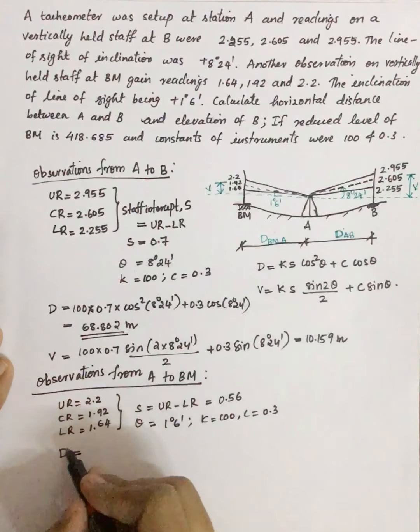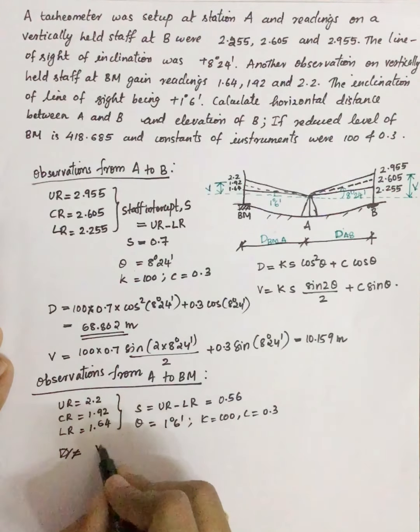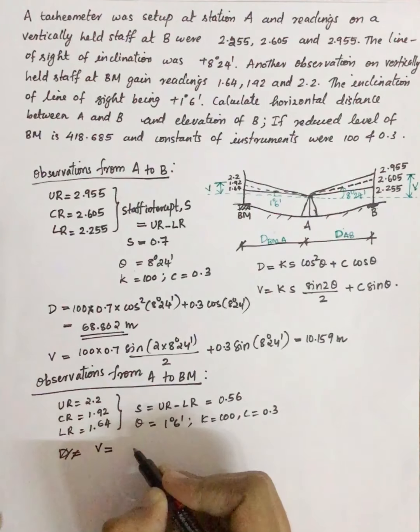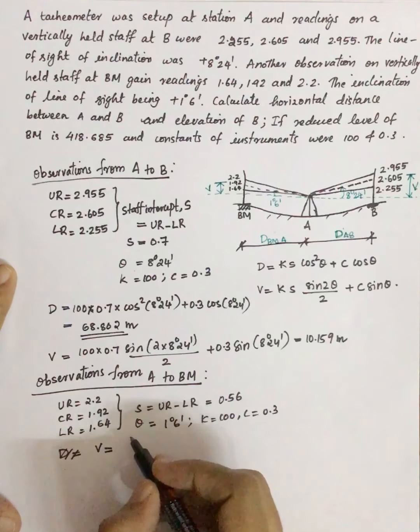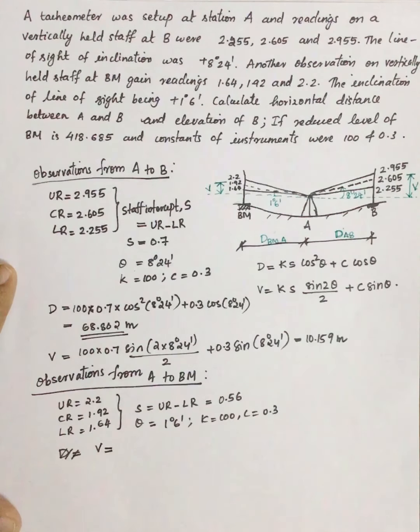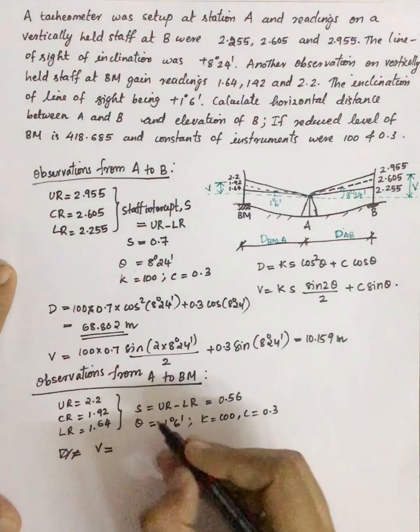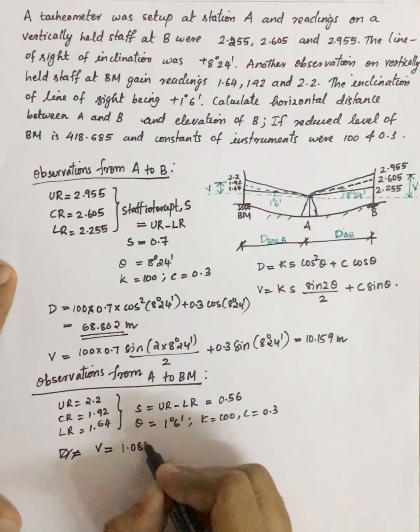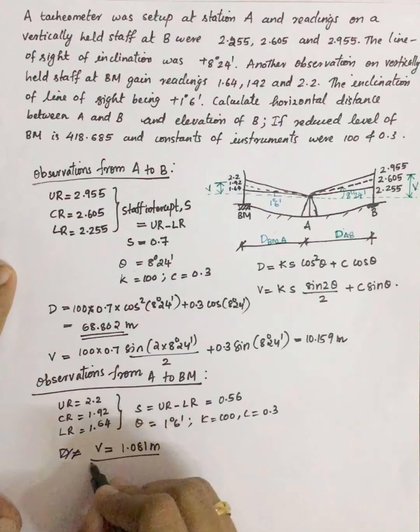So no need to calculate the D value. You can calculate the V value as Ks sin 2 theta by 2 plus C sin theta. When you substitute, you will get it as 1.081 meters.